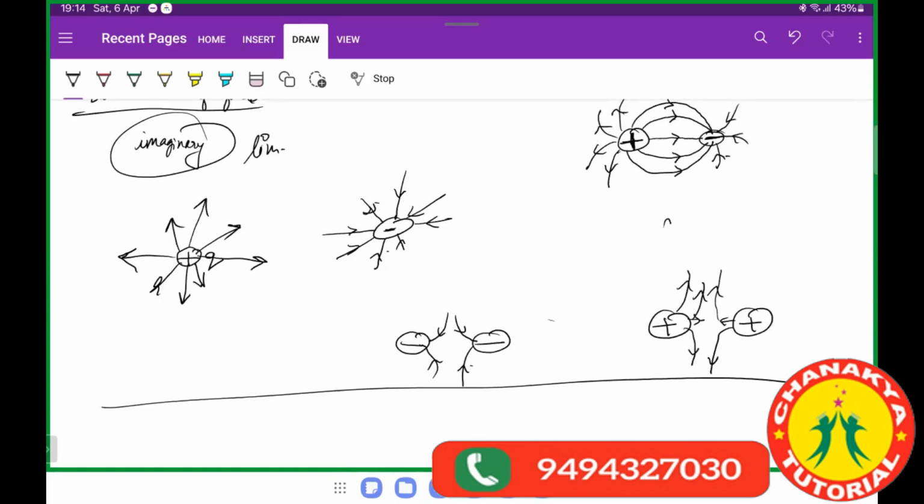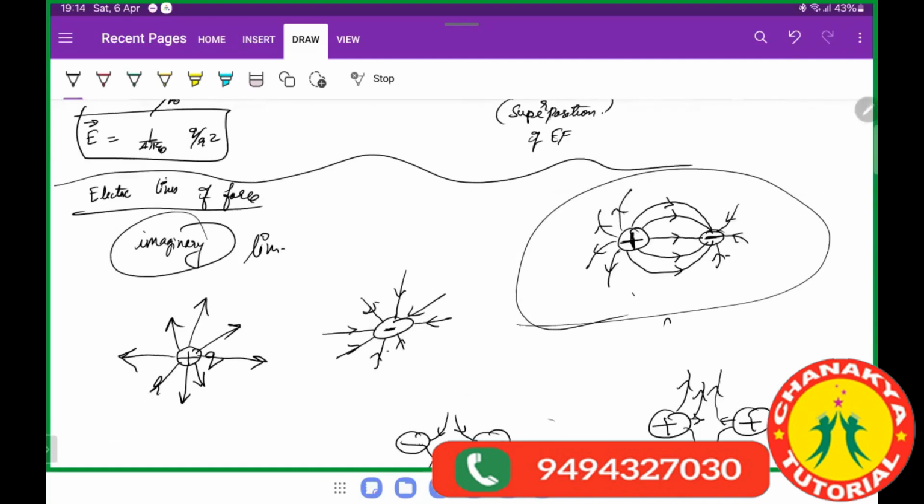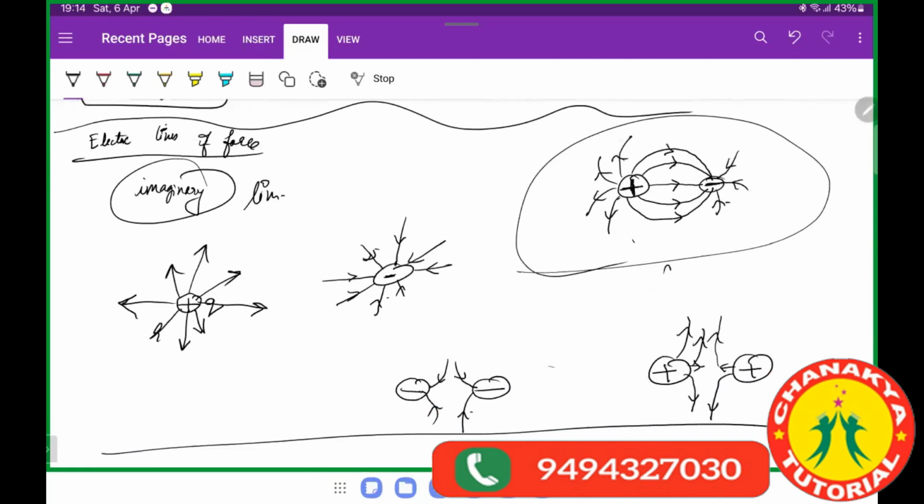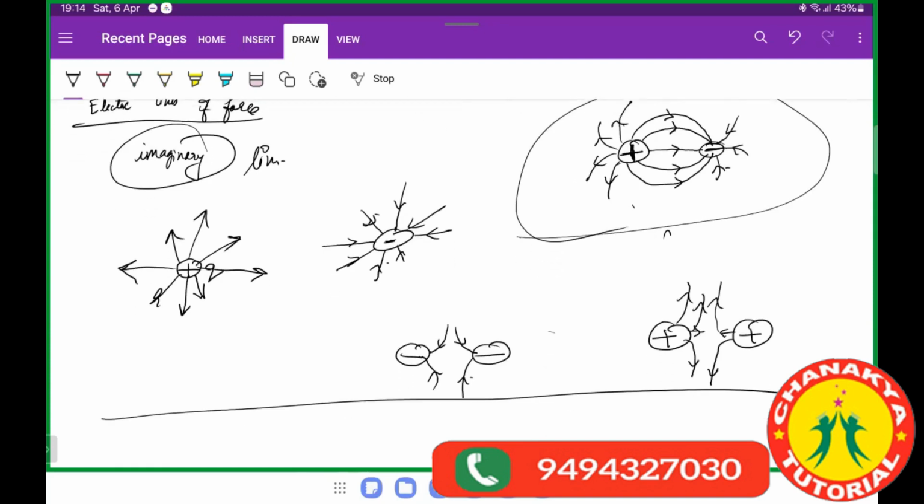Positive is outward and negative is inward, radially outward and radially inward. Next, when two opposite lines are there, attraction will happen, and when they are the same, they will repel. So these were two points.